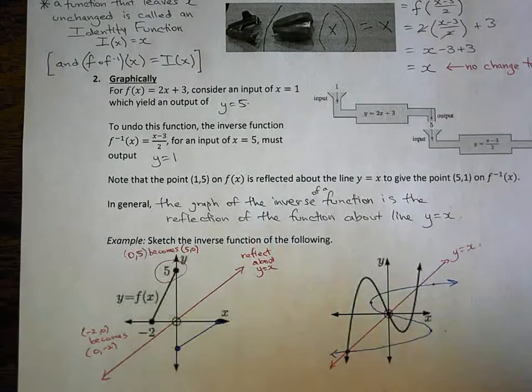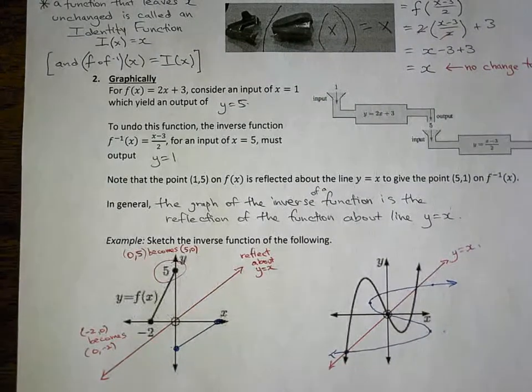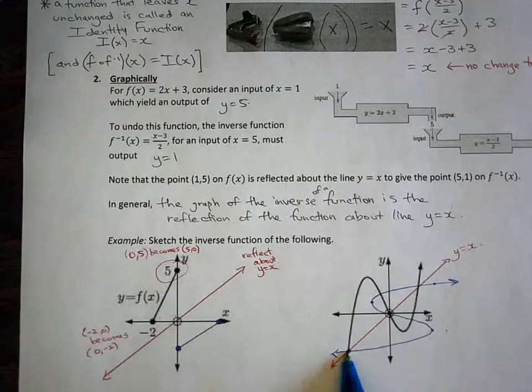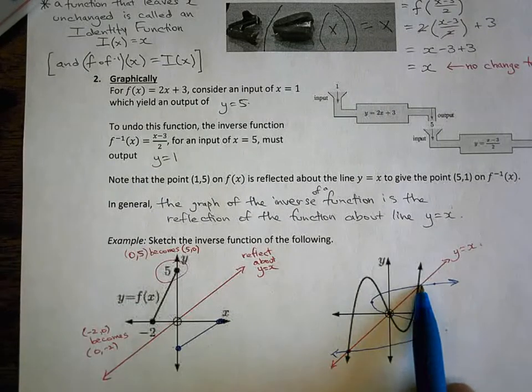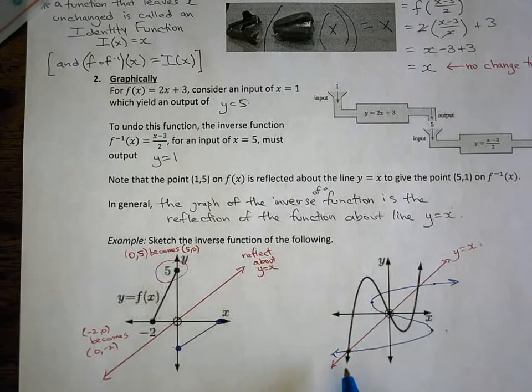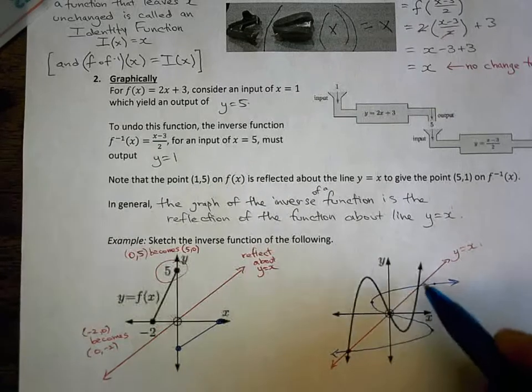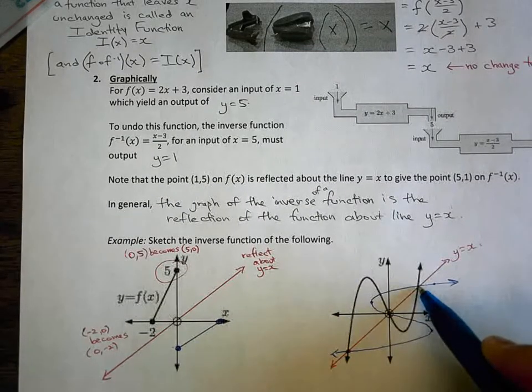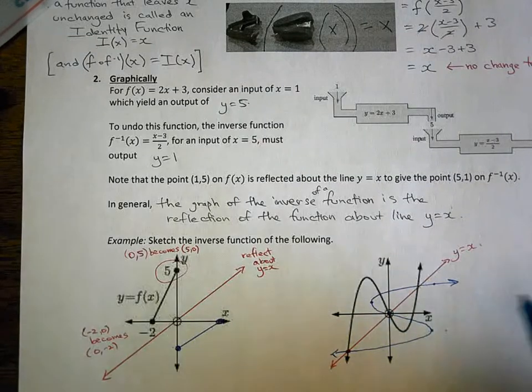Oof, that's hard. That's a tricky one. I actually chose a really hard example for us, but just so you get an idea of how you do it. You'll notice that all the points on y equals x are on y equals x in the reflection as well, because we just switched. If y and x are the same, when we switch them, they'll still be on this line.